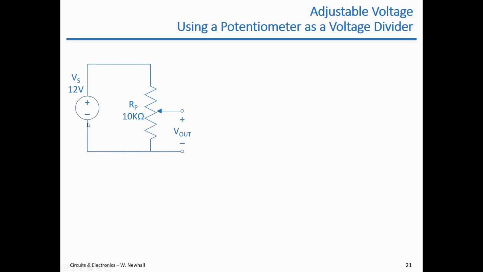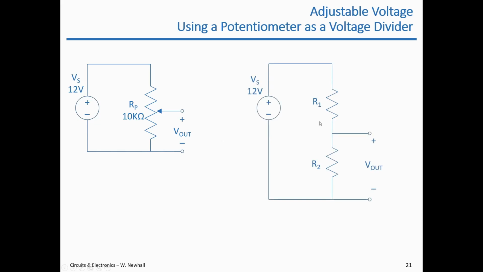You could also think of this as maybe the input from a microphone, and you want to control the signal coming out of this microphone circuit before going into an amplifier, so you could control its volume. So this circuit would also let you use a potentiometer to turn down the volume from a microphone. But here, let's use a DC source to create an output that's adjustable.